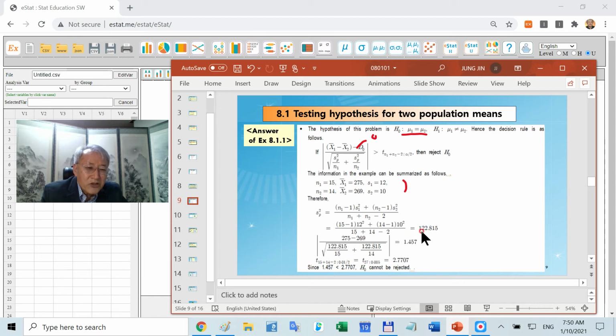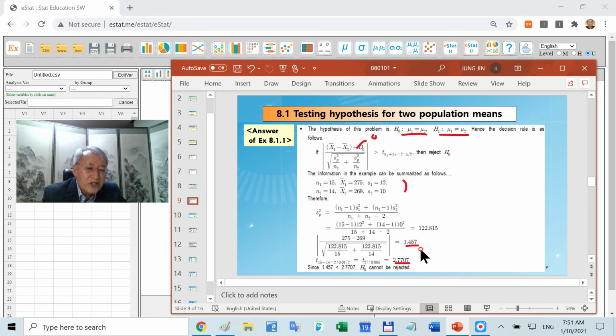By using this pooled variance, you calculate the test statistic. Because it is a two-sided test, it is 1.457, and your critical value, if you look at degree of freedom 27, that is 15 plus 14 minus 2, and 0.005, because the significance level is 1%, looks like this.